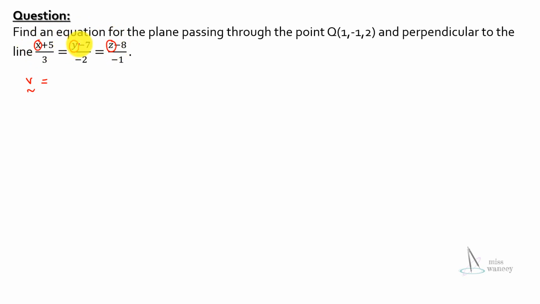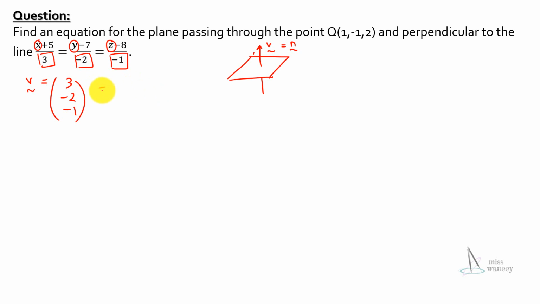Once the coefficient of the x, y, and z is 1, we can simply take the number below this. So this is actually your v. So v is 3, negative 2, and negative 1. And since we know that v is perpendicular to our plane, then we can say that v is actually equal to n. So this is actually our normal vector.